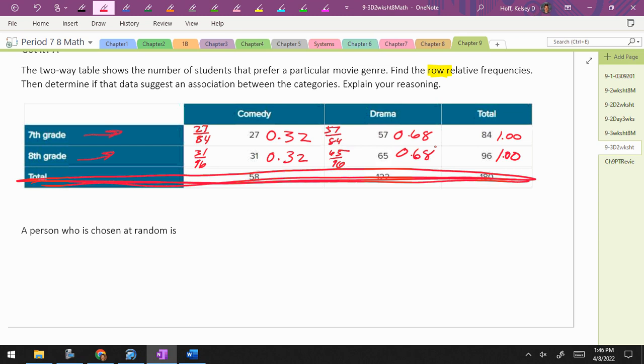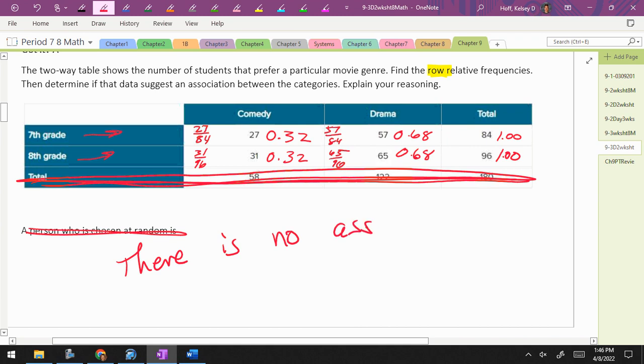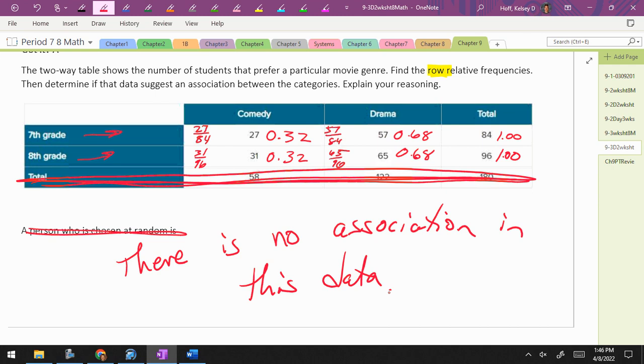Do we technically have a relative frequency that's higher than the others? No, they're all the same. So in this case, there is no association in this data. Yeah, we have 0.68, which is higher than 0.32, but both rows are the same. There's not one single space that's higher than the others.